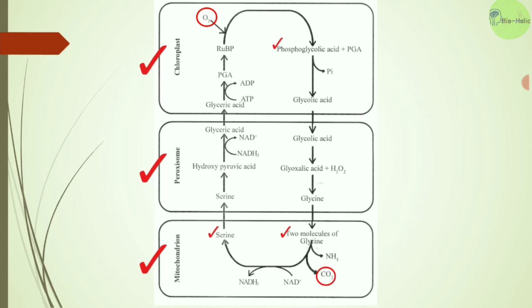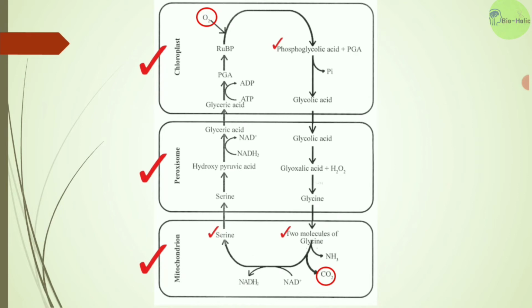We know to produce glucose we need to fix carbon dioxide, but in this case carbon dioxide is being released, so obviously glucose cannot be made. That's why photorespiration is actually an unnecessary problem of the C3 plants.